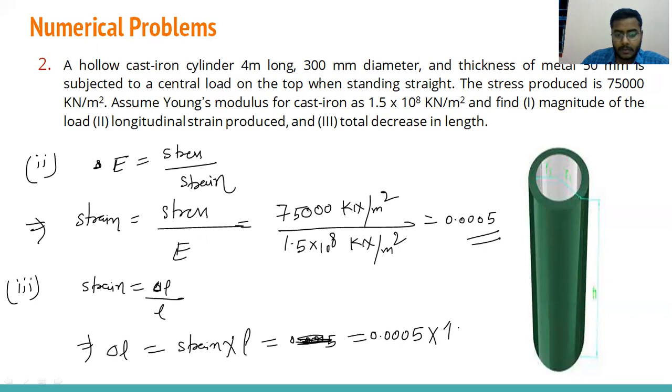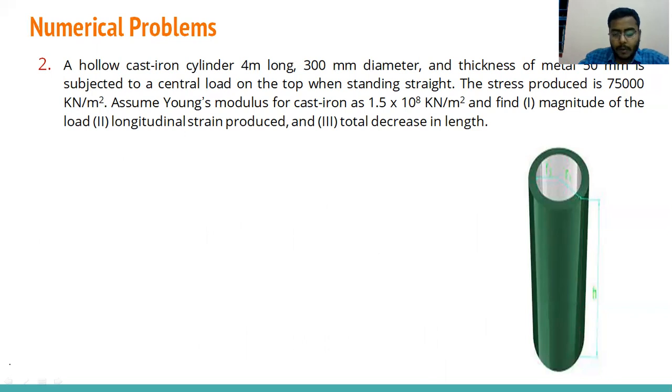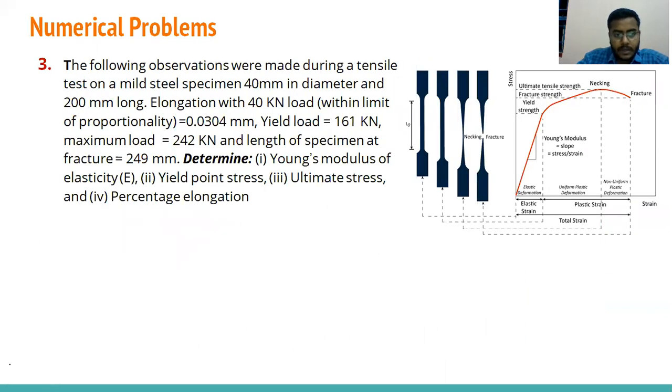I'm converting in terms of mm, so we get 2 mm. 2 mm means this length of hollow cast iron cylinder will decrease by 2 mm. So these are the very simple formulas that I'm using here to solve all this problem. This is a very important one, right?